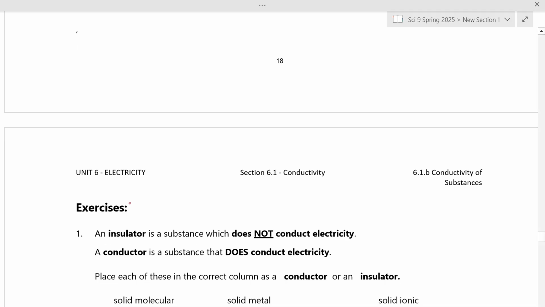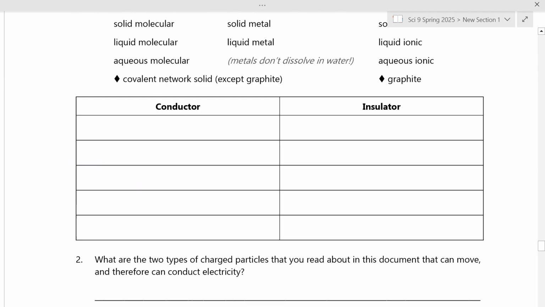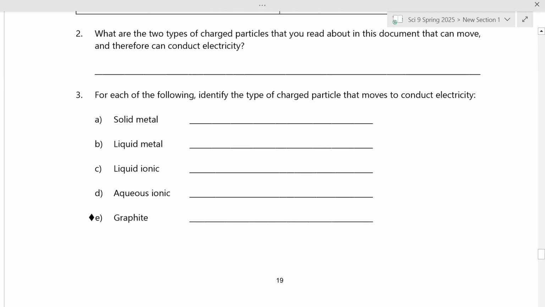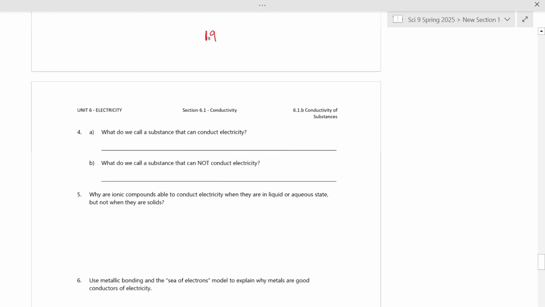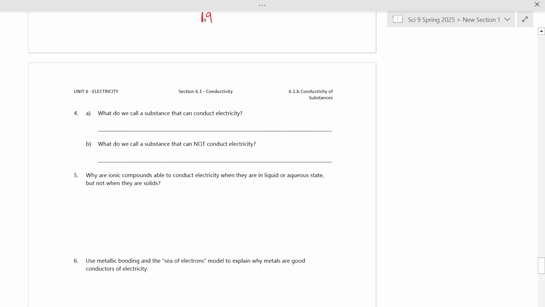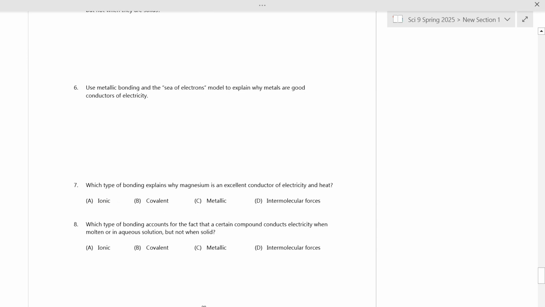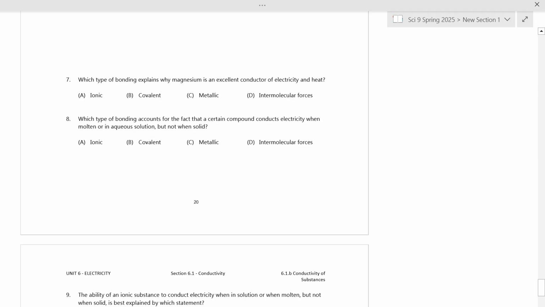But we'll get to the exercises. The exercises are on page 19. So find the one that says exercises, and you're going to label that page 19. Okay? And you guys can do the exercises on page 19 and 20. We'll leave 21 for next day. Okay?